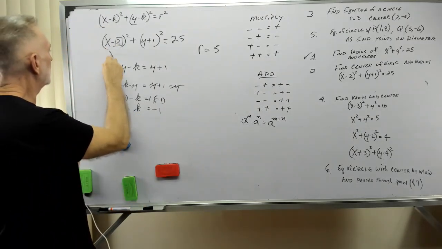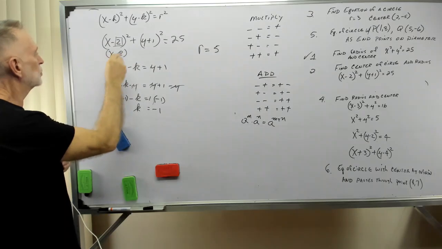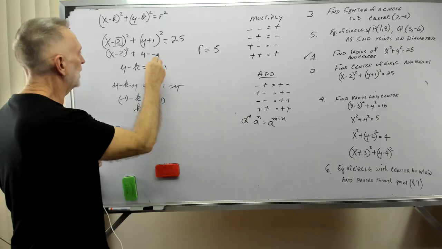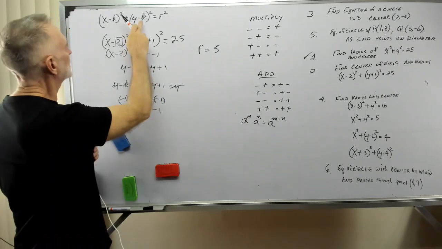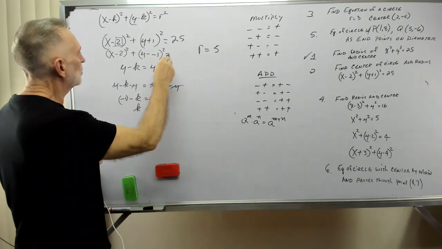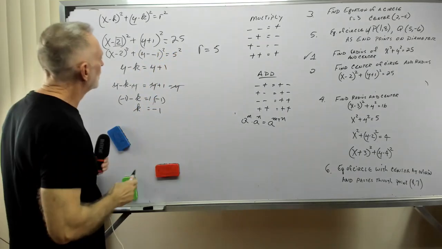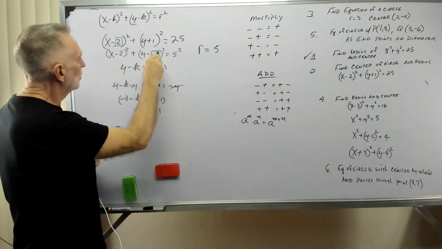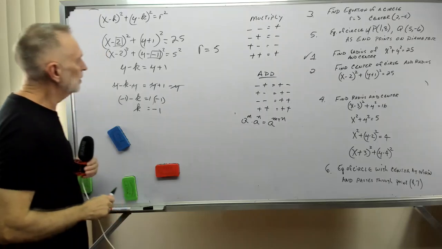So all of this means x minus 2 squared plus y minus a negative 1, y minus k, k is negative 1, squared equals 5 squared. Now then, put your hand over y minus, what is that term? It's negative 1.